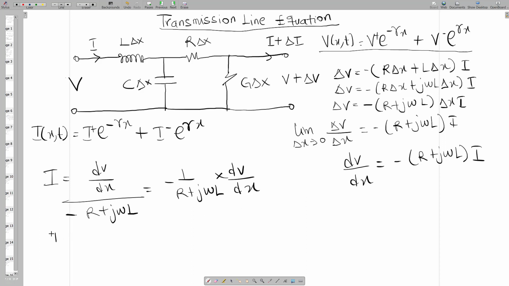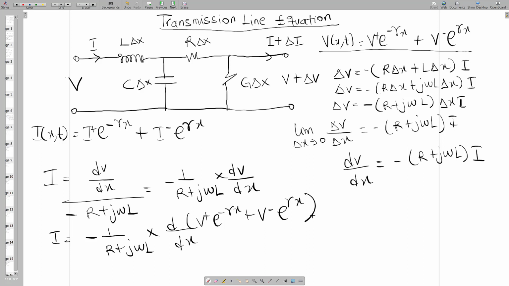So we can say that I will be equal to minus 1 over R plus j omega L times dV over here, but let's look at something. This V, we have V over here, and V was this, so we input V plus e to the minus gamma x plus V minus e to the gamma x, like this.